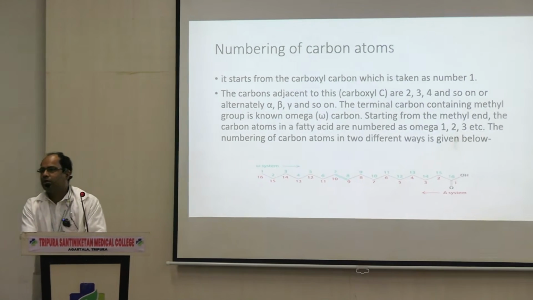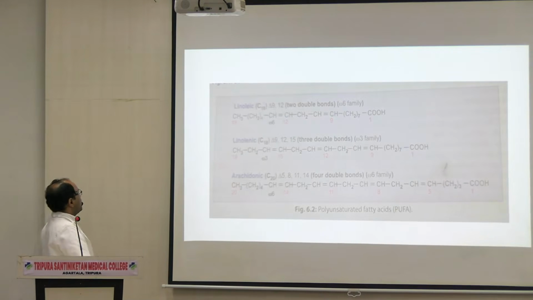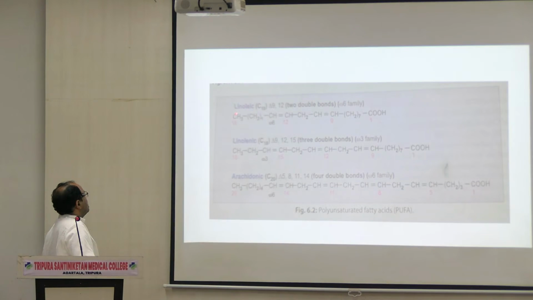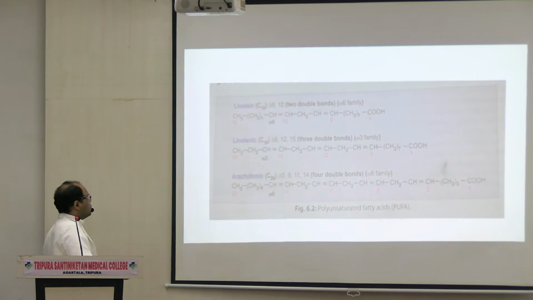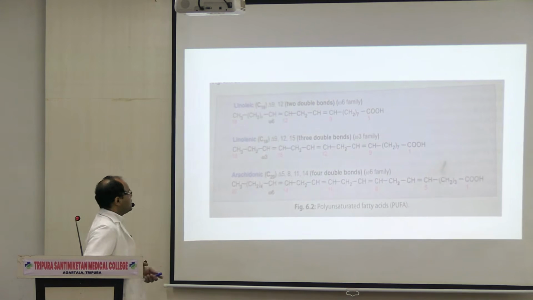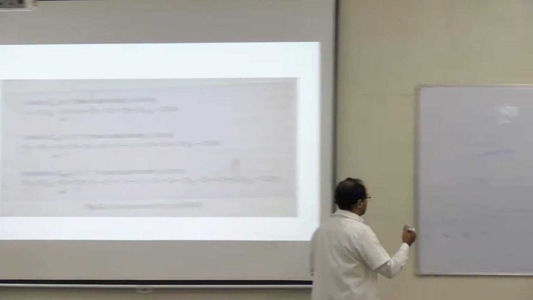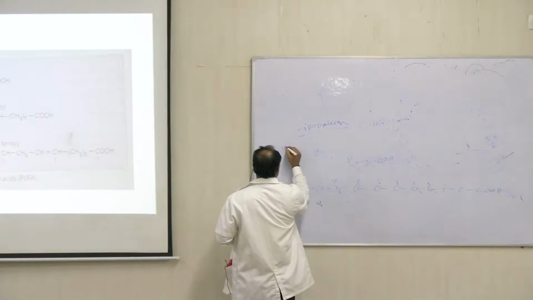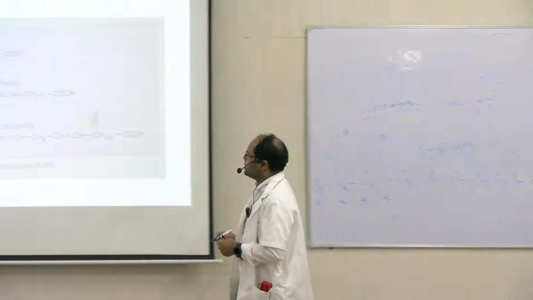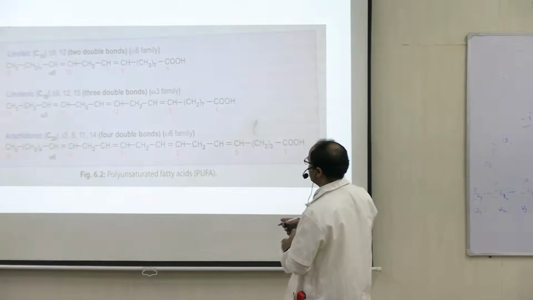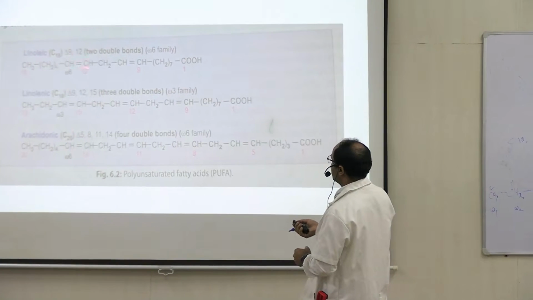No confusion? You can see here linoleic acid. Okay, it has 18 carbons. So we number like this, C18. Next, it has two double bonds. You can see here one double bond and two double bonds.